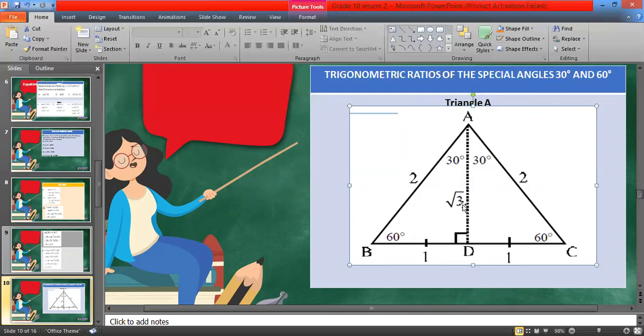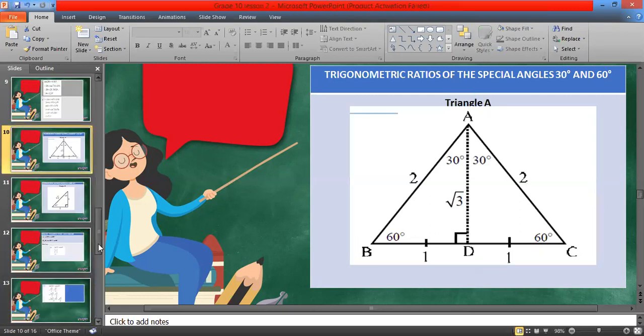It's basically the same thing; what happened there was just rationalization, which you can use in your calculation. So that is our special angles of 30 and 60. All right, now let's go to the next slide where we talk about 45.